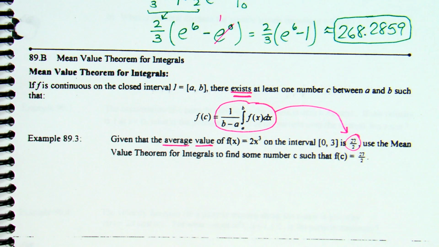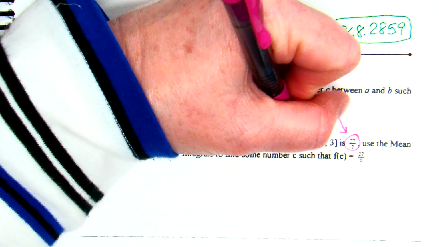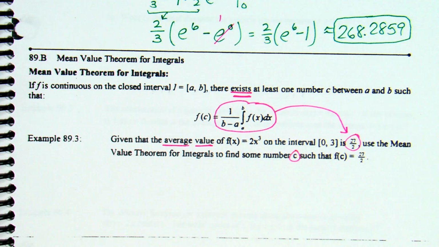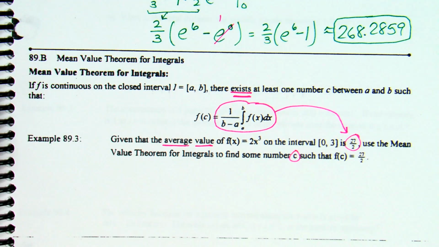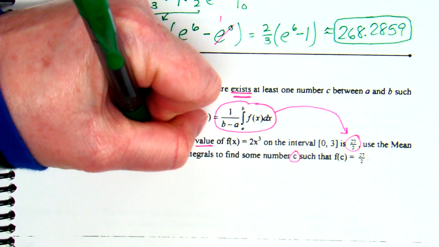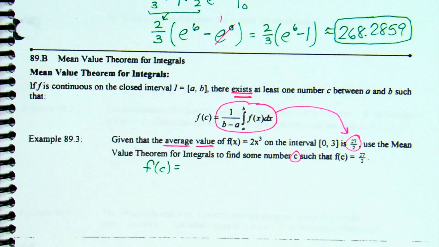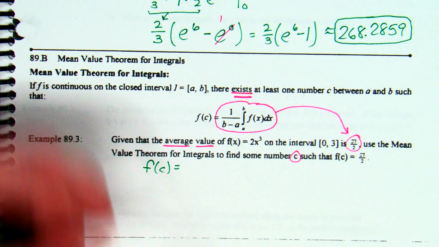We need to find x, kind of, except we're going to call it c. Our function is defined as f of x equals 2x cubed, yes? So if f of x is 2x cubed, what is f of c? 2c cubed. Make sense?